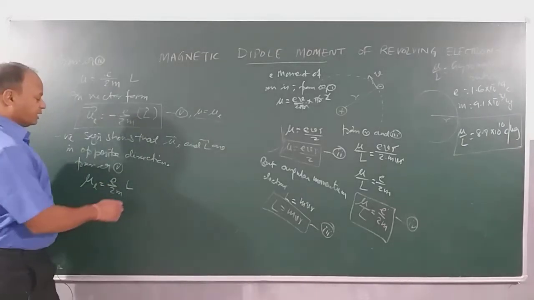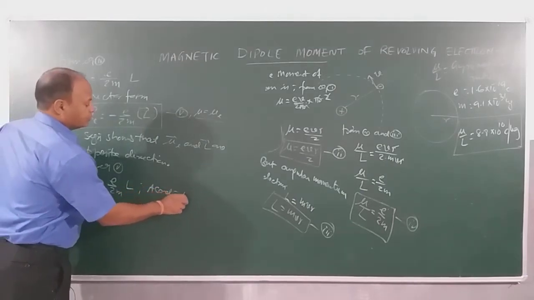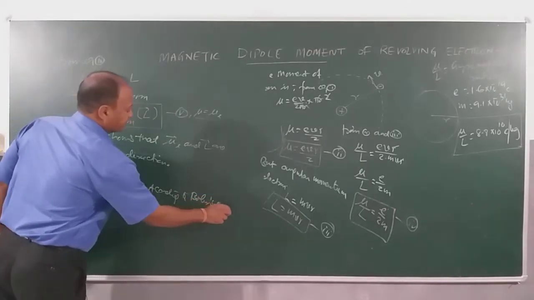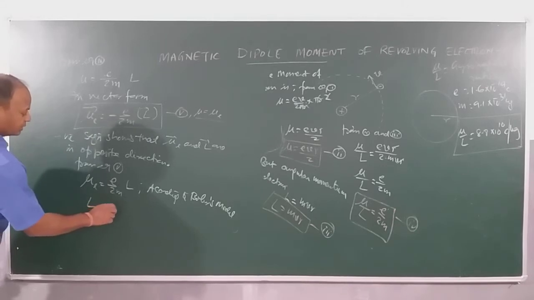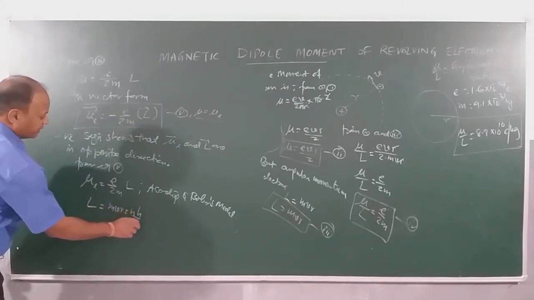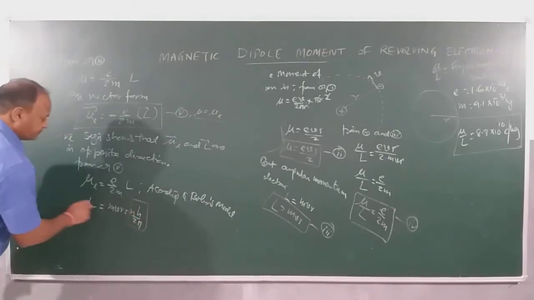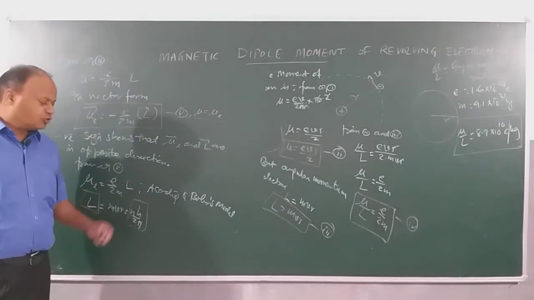According to Bohr's model, we have done that L is equal to mvr is equal to nh upon 2 pi. Now I am going to substitute this value of L. I am going to put L equals nh upon 2 pi.